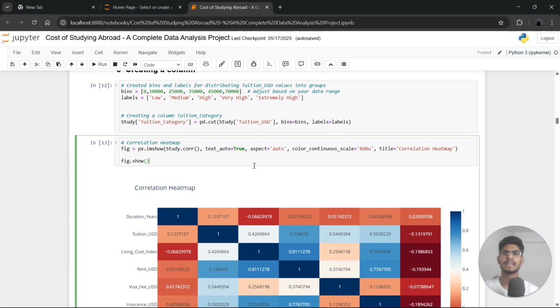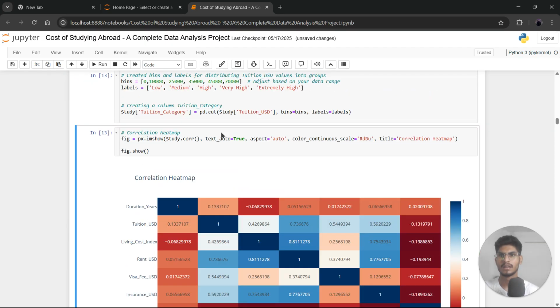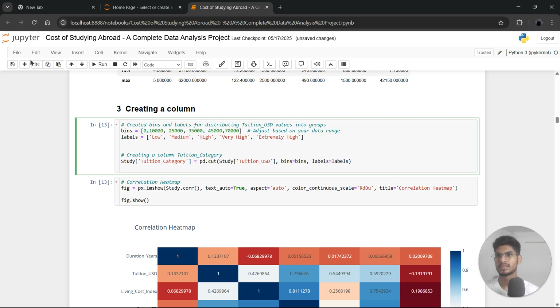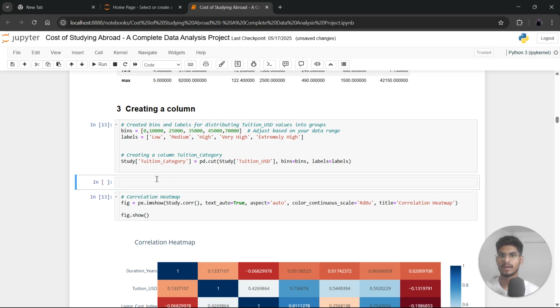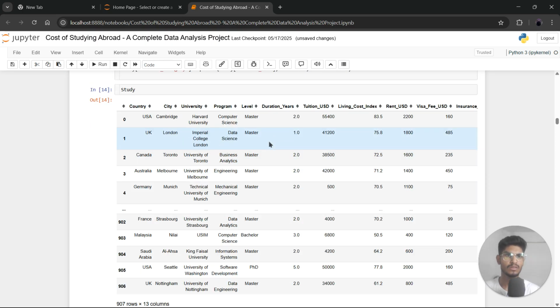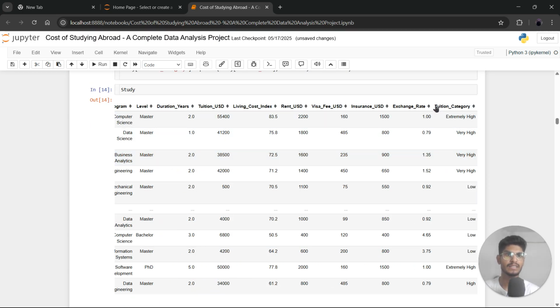Because we are creating a column here, let me show you. I have to run this and add one more cell right here, so that I can show you what I am saying. We can see we have created this column, tuition category.